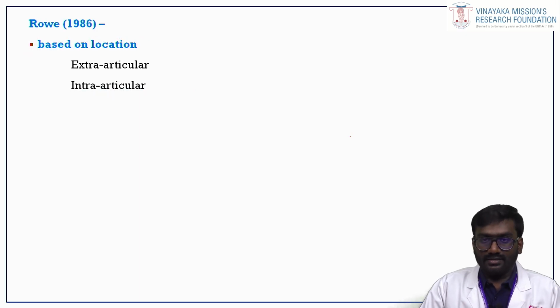Later, in 1986, based on several factors, Rowe classified ankylosis into the following classification. First, based on the location, as Kazanjian, he classified into extra-articular and intra-articular.